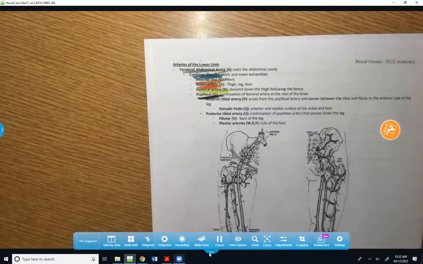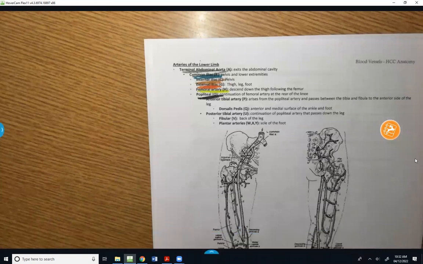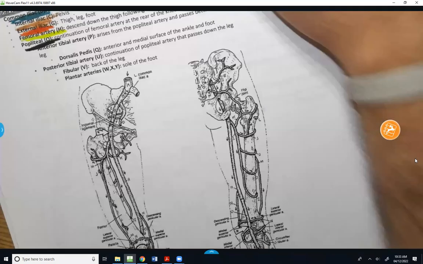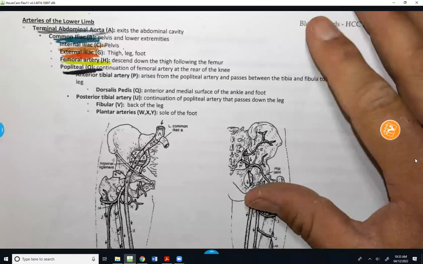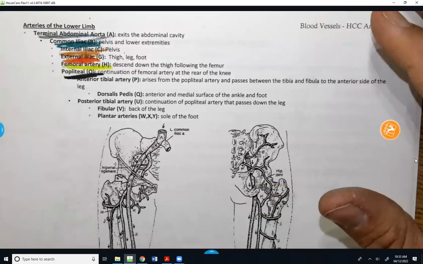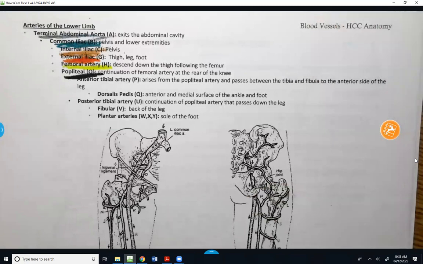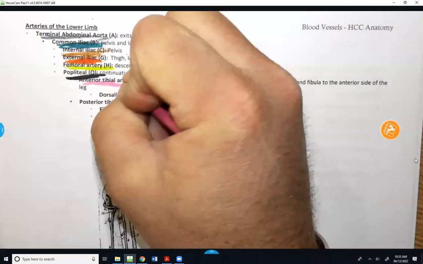Frustrating, sorry. All right, popliteal is behind the knee, which as we know is the region known as the popliteal region. And then we've got two branches coming off of it, one on the front side of the tibia, which we call the anterior tibial, and the other being the posterior tibial, and then a couple of blood vessels coming off of those. So let's color anterior tibial pink.